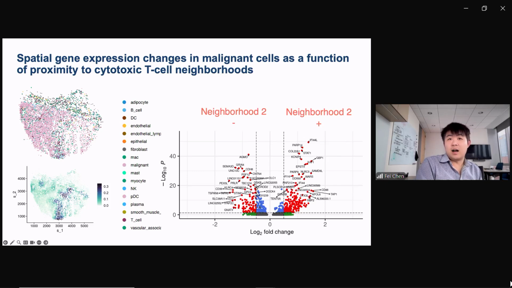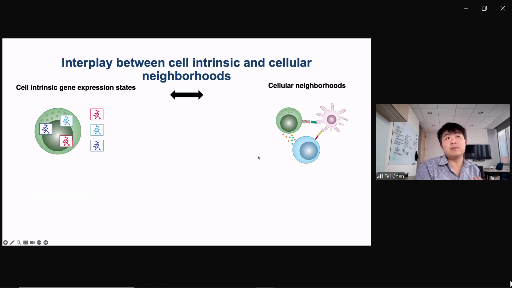So this is one way you can just do differential expression. We thought maybe there would be more principled ways of doing it by first identifying the gene expression programs within the malignant cells. Within the tumor cells, we might be able to identify recurring sets of genes that they use across all the samples that define their states.